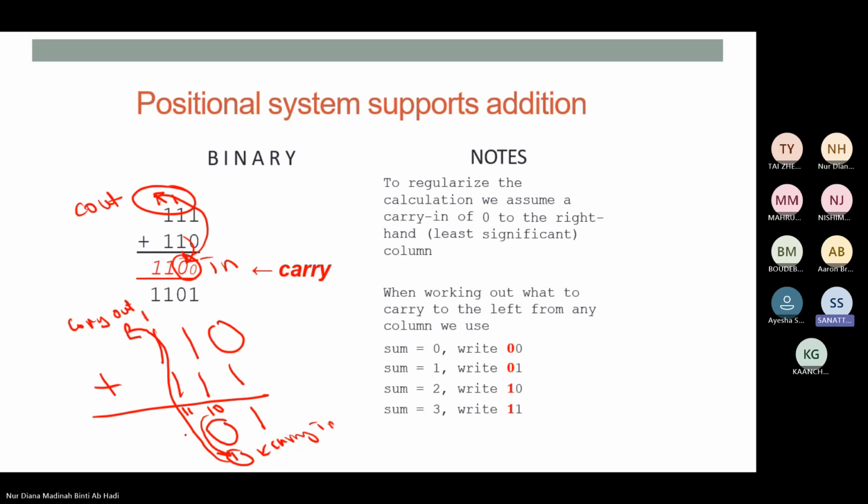Oh, okay. So we bring down our 1, but another one will be our carry in. And this one, we bring it to the front as a carry out. So we put it down, it will be our value here. Okay, so far clear? Yep.